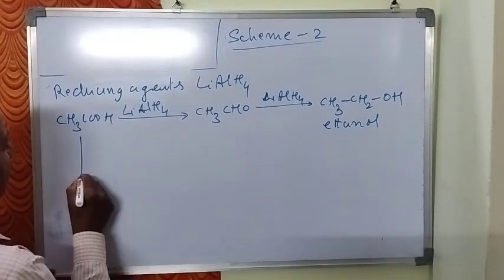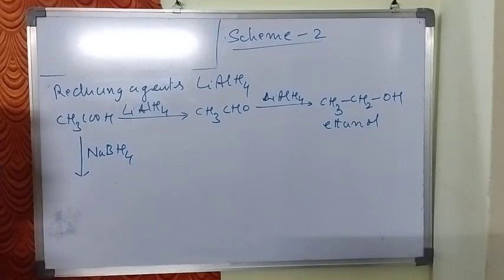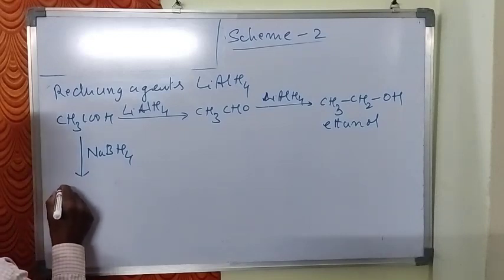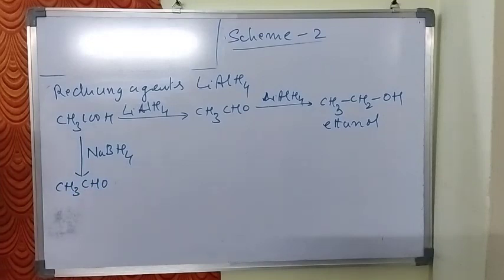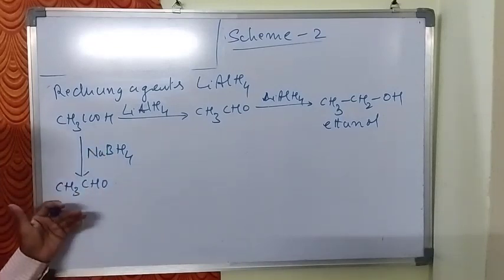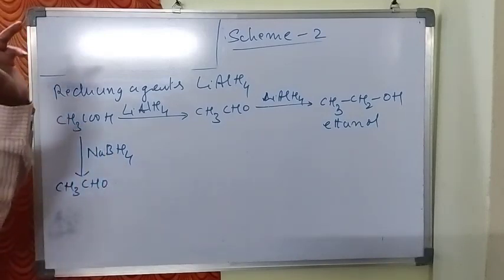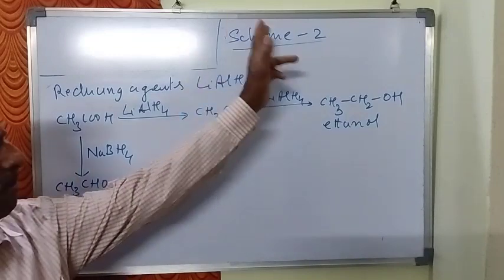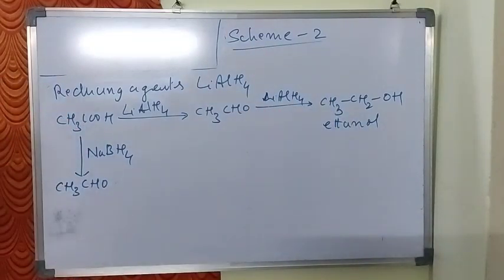Now, if sodium borohydride is used, sodium borohydride is not a strong reducing agent. Therefore, we get CH3CHO. The reaction stops here. Right. If we continue this reaction, we get acid. Whereas here, if we take acid, we do not get aldehyde. Directly we get alcohol. Here we get aldehyde also.